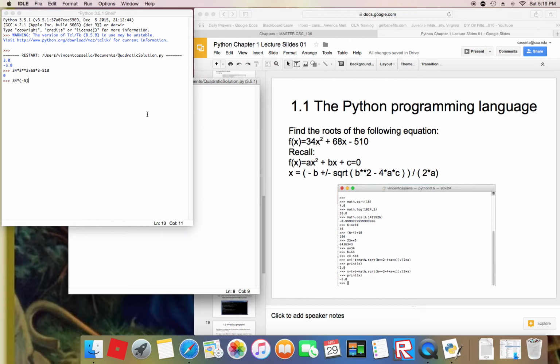So that's negative 5 asterisk asterisk 2, because negative 5 is x for the second solution, plus 68 times negative 5, and then I'm going to subtract 510. If I do that calculation, I better end up with 0. And I do. So there it is. All right, goodbye.